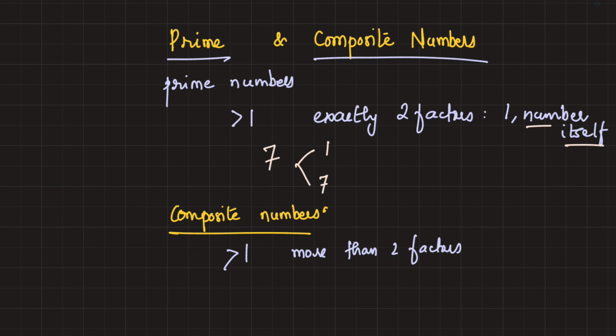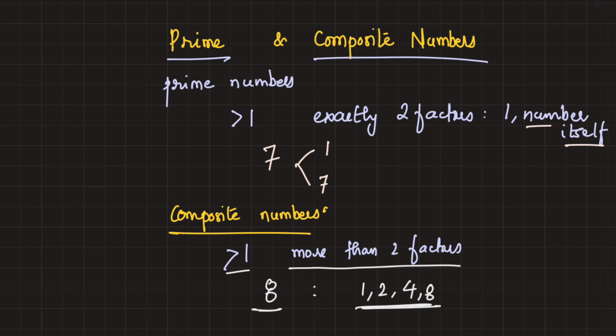What is an example of a composite number? 8 is a composite number because its factors are 1, 2, 4 and 8. So 8 is greater than 1 and it also has more than two factors because 8 has 4 factors in total. So 8 is a composite number.